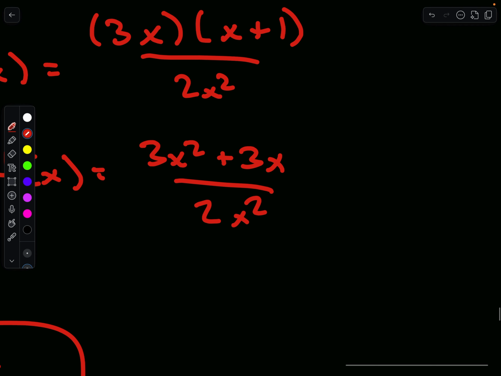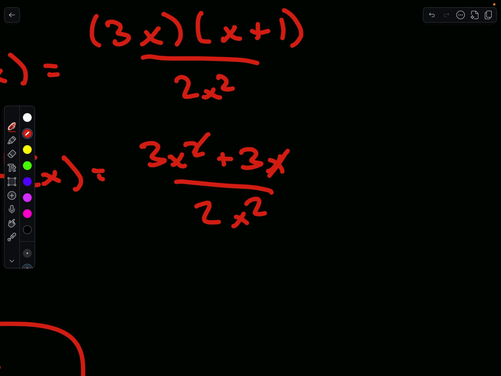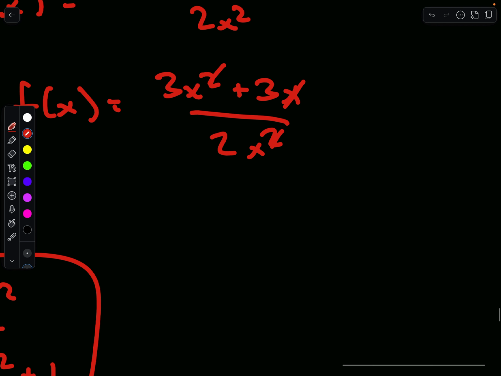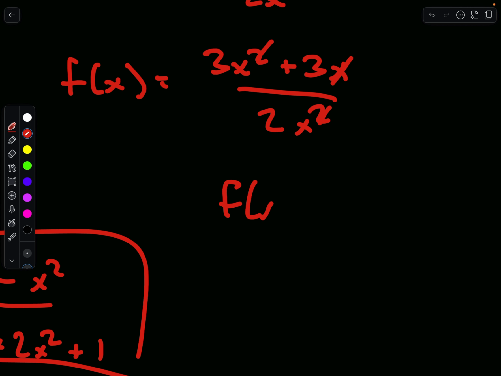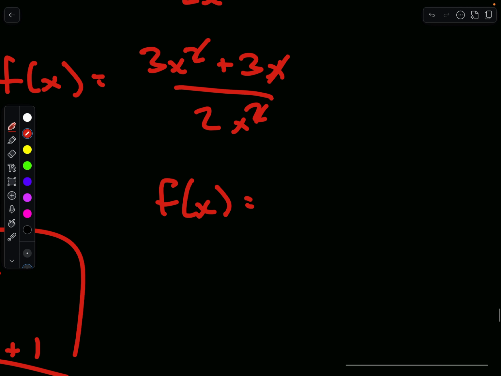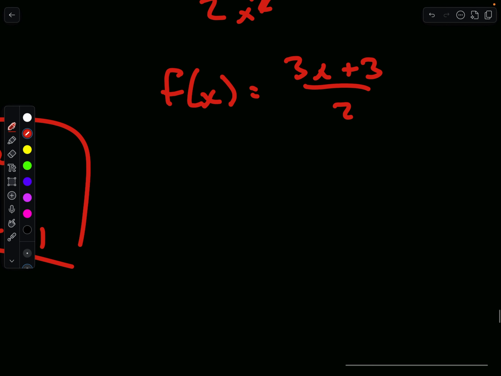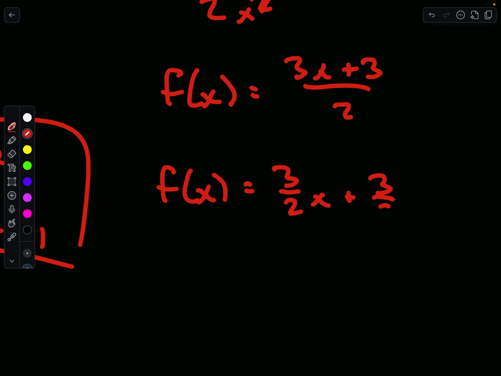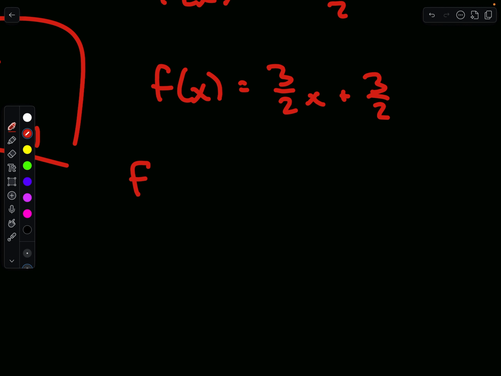From here, you notice you can factor out an x and further simplify to get f of x equals (3x plus 3) over 2. So then f of x equals 3 halves x plus 3 halves. And you can use the power rule to get 3 halves.